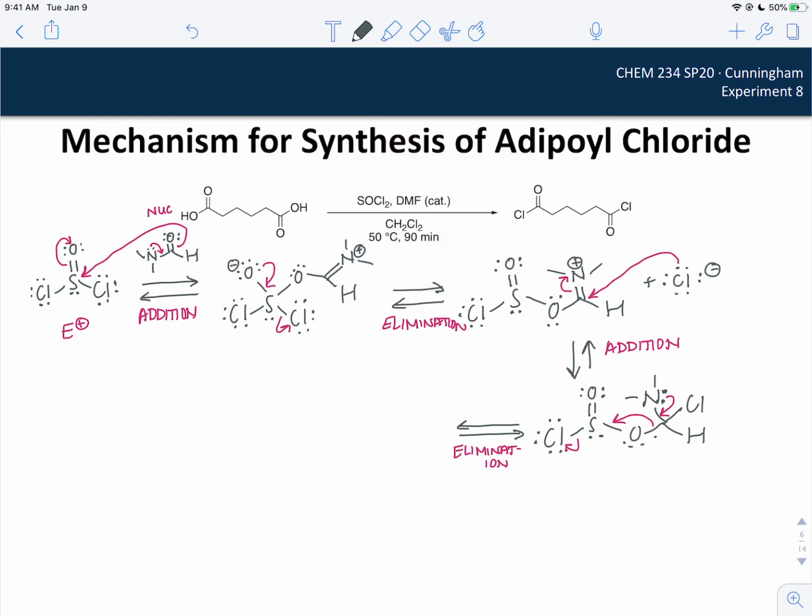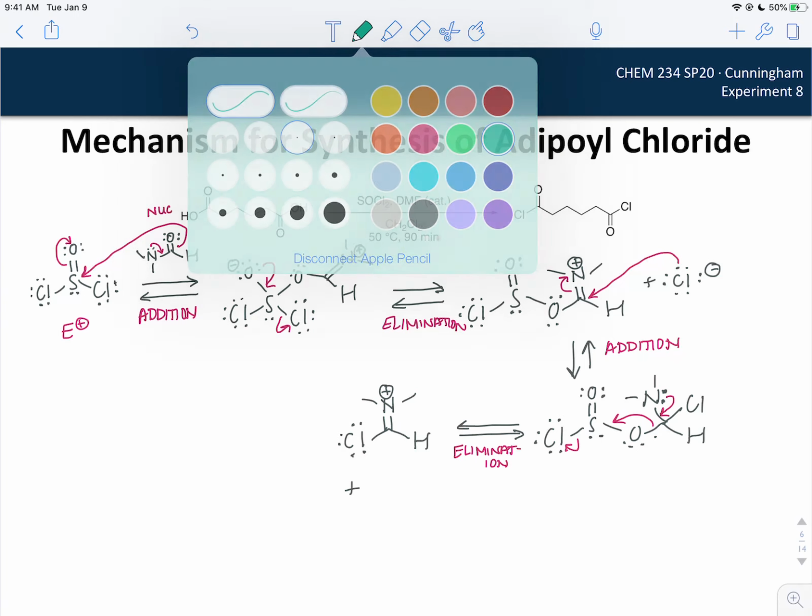And so we're going to get a couple of different products from this. We're actually going to get 3 different molecules. We have made what is called the Vilsmeier reagent, which is right here.